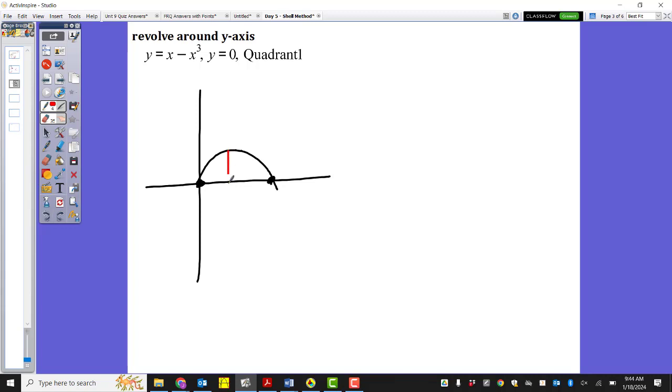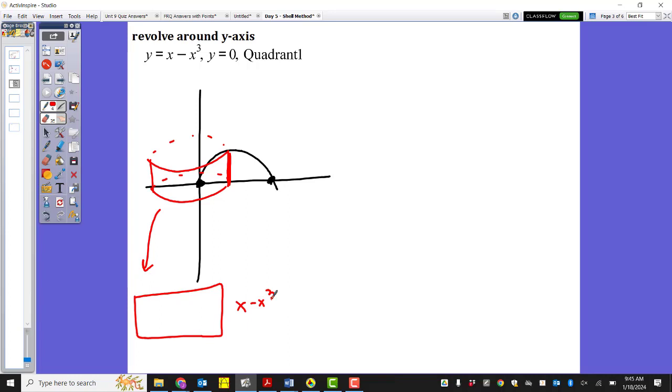We create our vertical slice here and revolve it. Okay, we have this shape right here. We're going to break it open into our rectangle. The height of the rectangle is this height right here, which is the height of that function, so that's just x minus x cubed. The width is going to be 2 pi r.